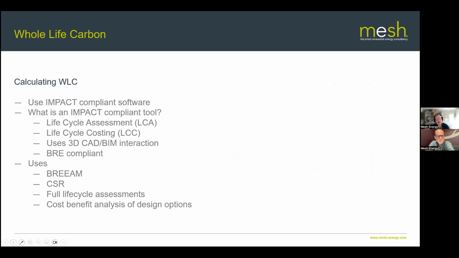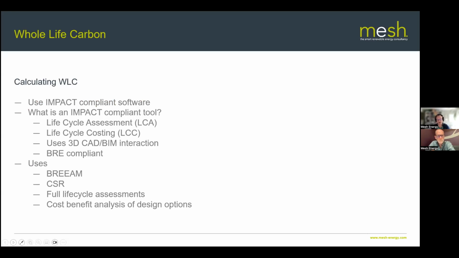So how do we calculate whole life carbon? Well, the first thing that is generally recognized in the industry is that the tool has to be impact compliant. And an impact compliant tool is basically equipped to deal with life cycle assessment and life cycle costing, and it uses the interaction between 3D CAD and BIM, dynamic thermal modeling, and it is BRE compliant.